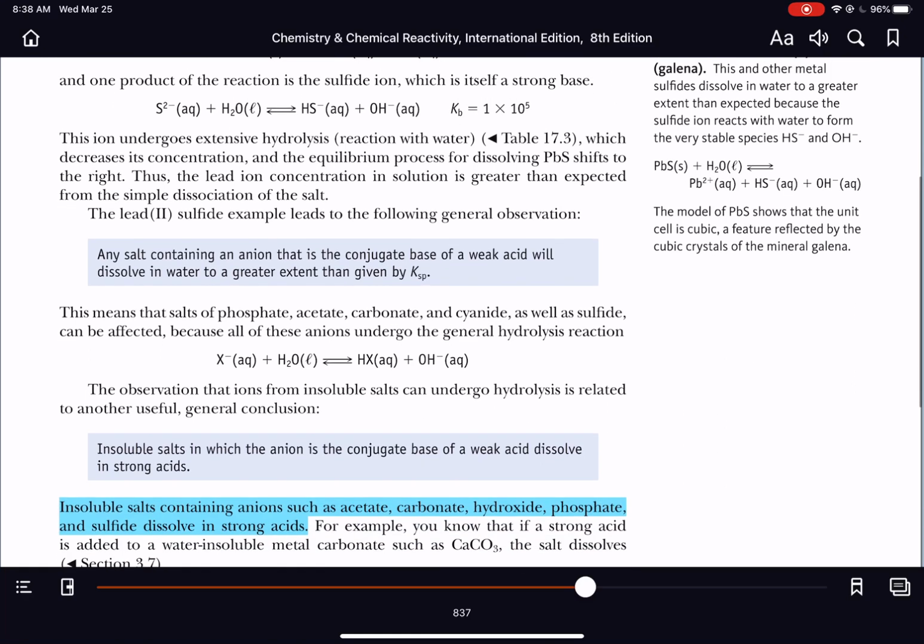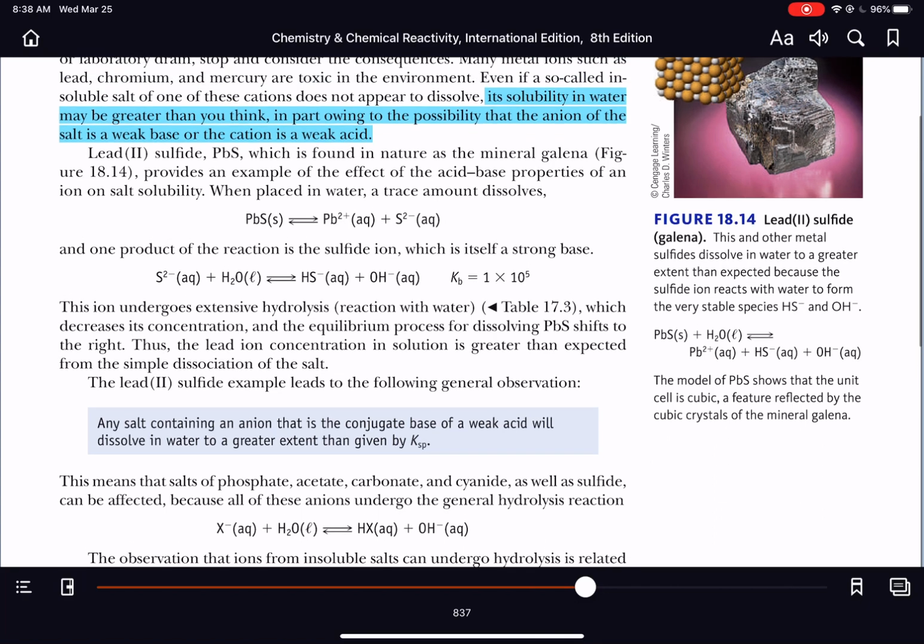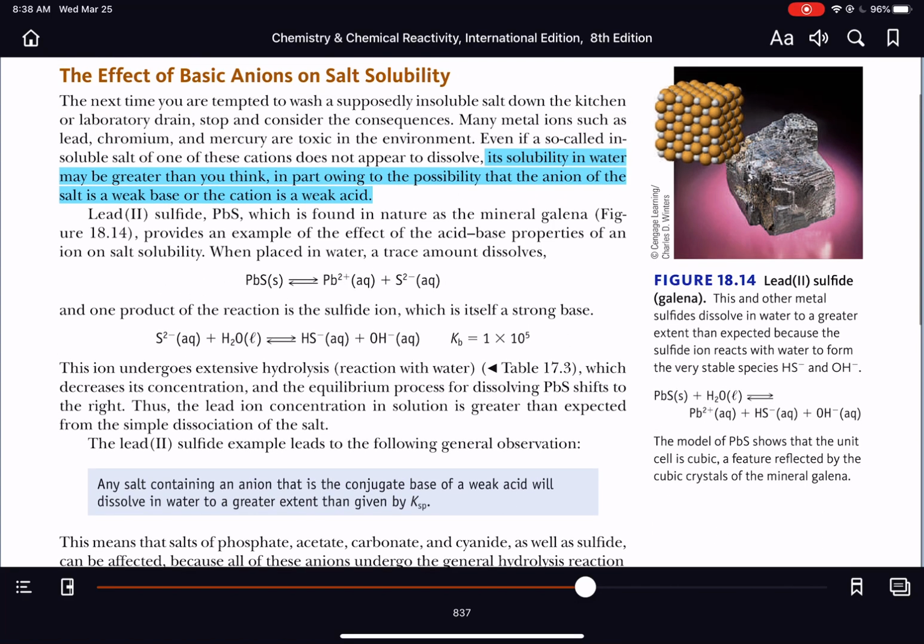Couple of other comments. In the blue boxes, any salt containing an anion, that is the conjugate base of a weak acid, will dissolve in water to a greater extent than given by the Ksp. And that's what we just talked about.